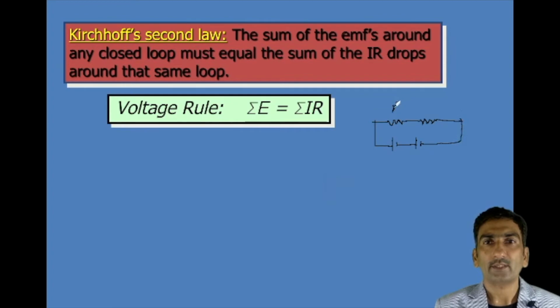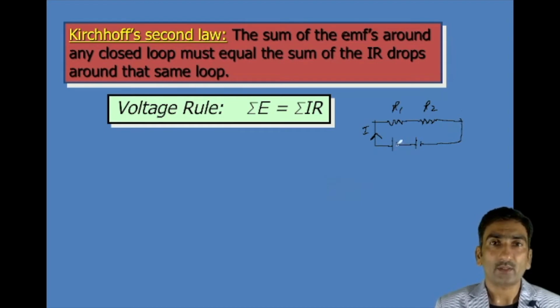Let's say this resistance is R1, this is R2, and the current flowing here is I, because it's a single loop, only one current is flowing through it. This is the potential, let's say this is E1, this one is E2, you can write V1 or V2 here. So what does it mean?